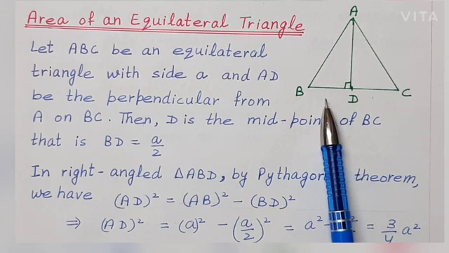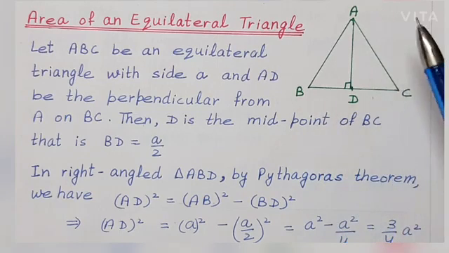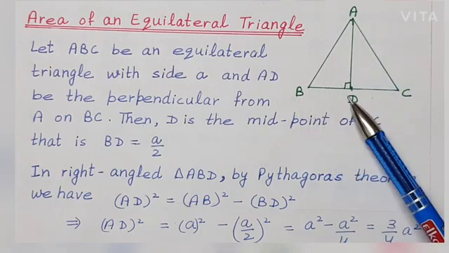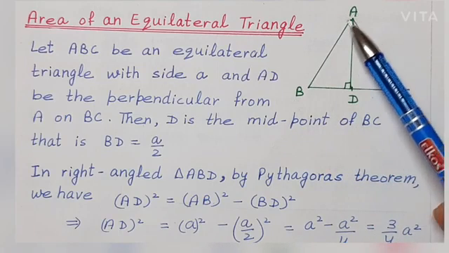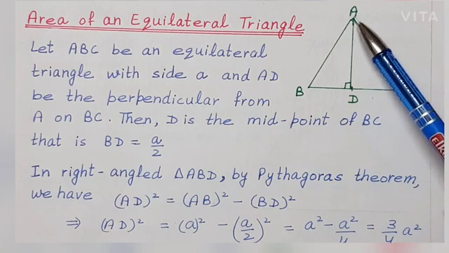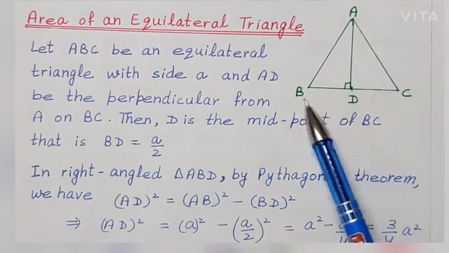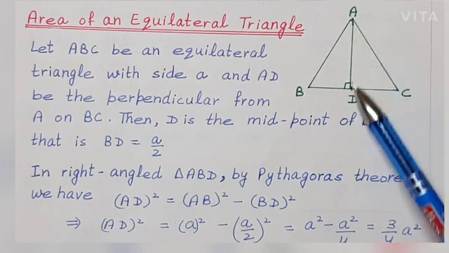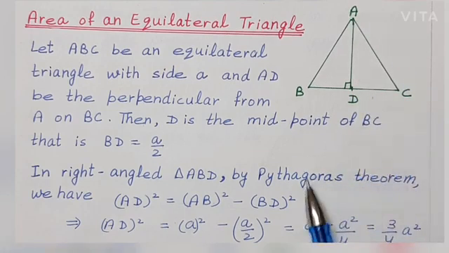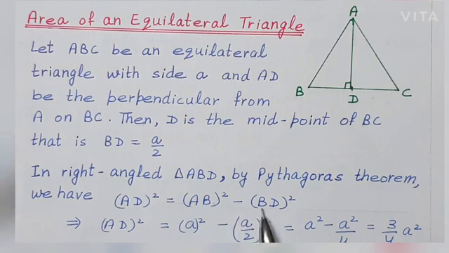Now let us apply Pythagoras theorem in triangle ABD. AB square is equal to BD square plus AD square, right? Or you can say AD square is AB square minus BD square. Children, you all know how to apply Pythagoras theorem. So let us find the value of AD.